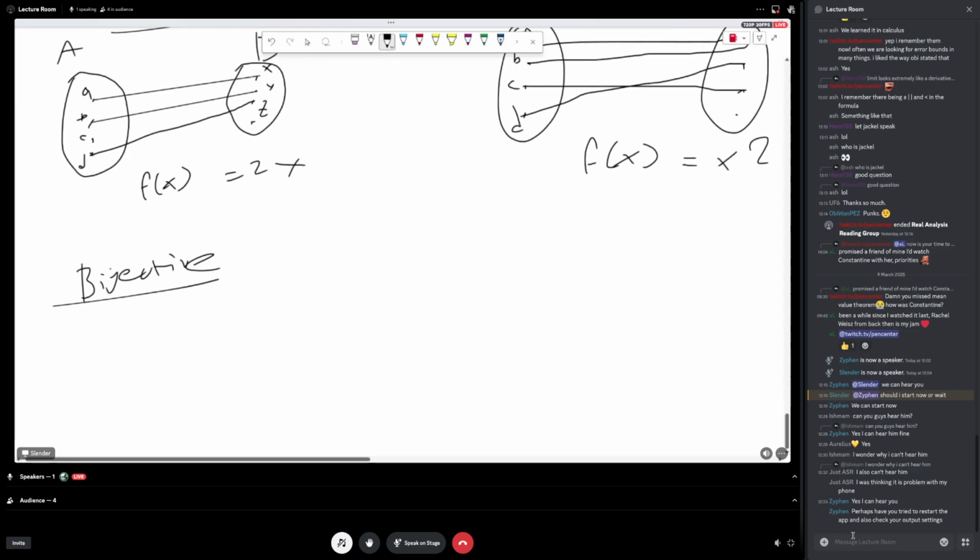A bijective function is both injective and surjective. So that's what a bijective function is. A bijective function is also invertible.